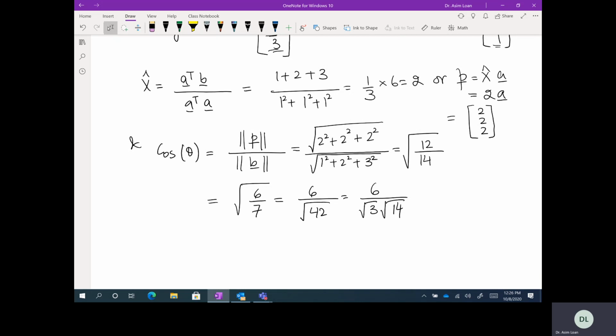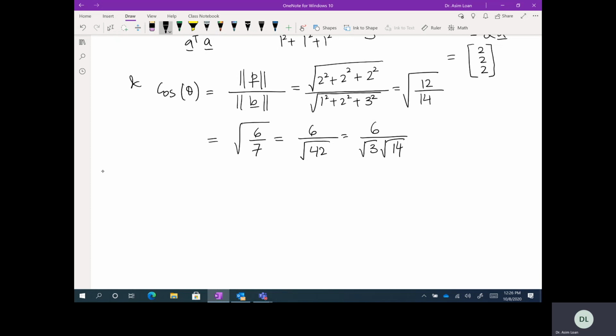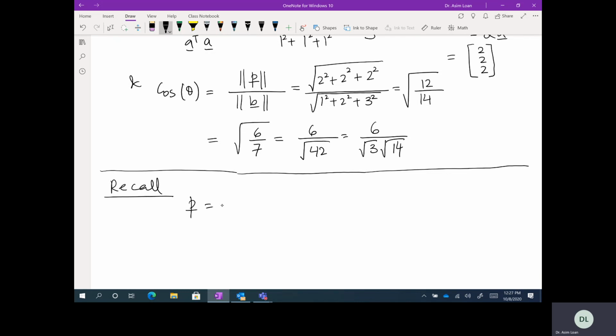And let's look at the projection matrix. Recall P equals x hat A, which is equal to A transpose B over A transpose A into A, which is equal to A into A transpose over A transpose A into B. Why?